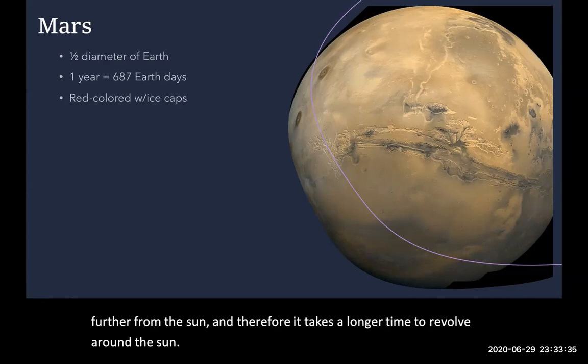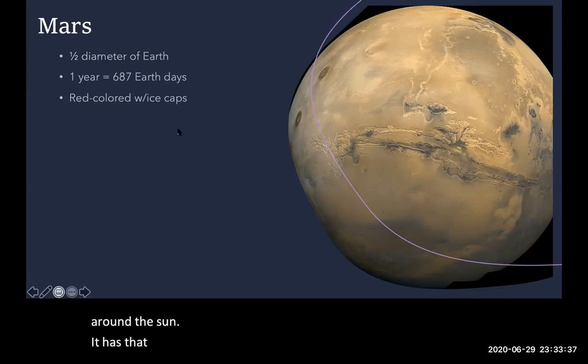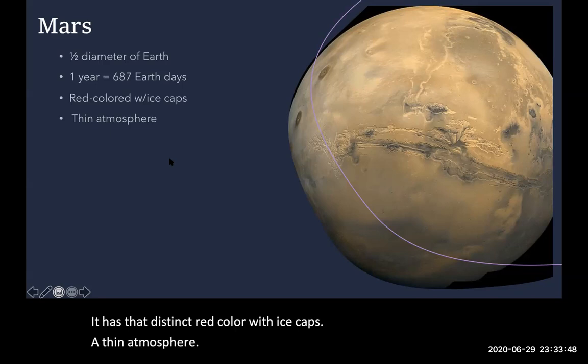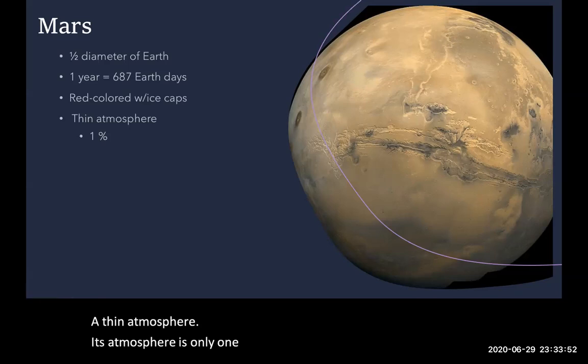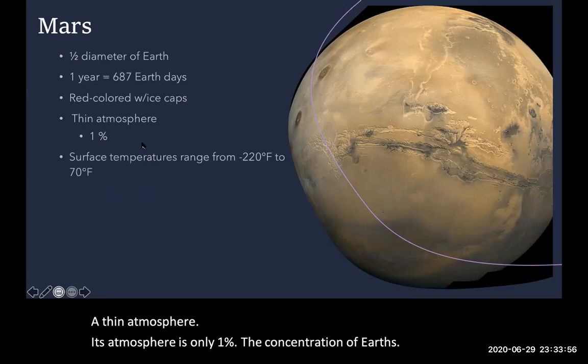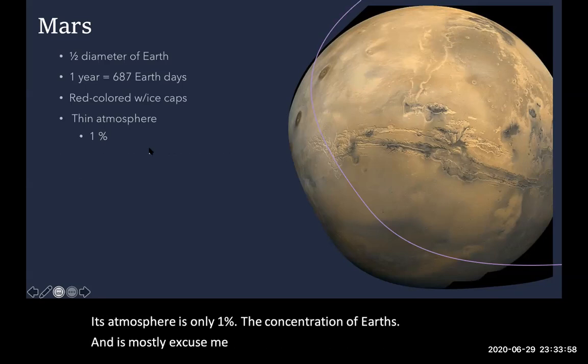It has that distinct red color with ice caps. And a thin atmosphere. Its atmosphere is only 1% the concentration of Earth's, and is mostly carbon dioxide.